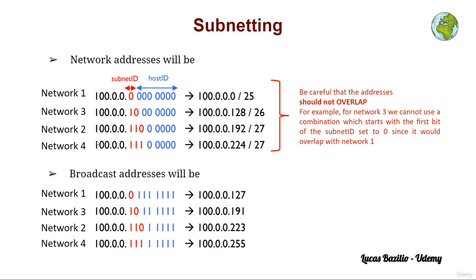If we are on the network 4, any host and any router interface that is connected to this network 4 will start with the subnet ID here 111. Okay, the only thing that is going to change are these blue bits of the host ID, but here the beginning is going to be the same. This is because this is the identifier of this network. It is how we identify that they are inside these networks.